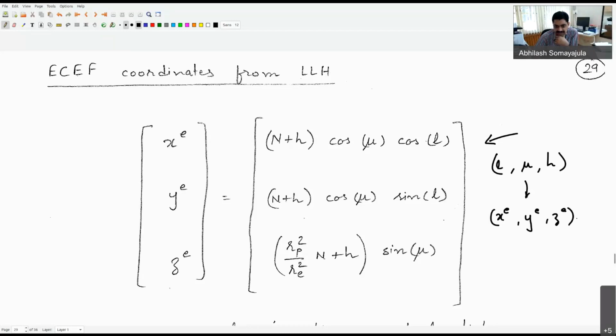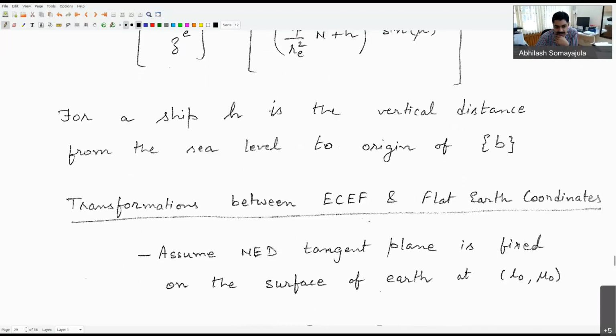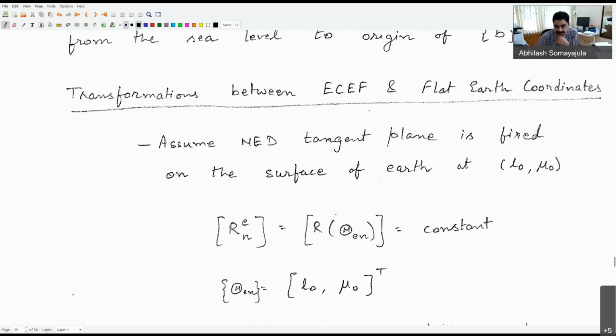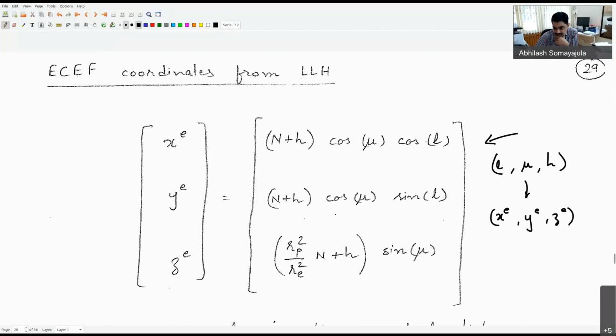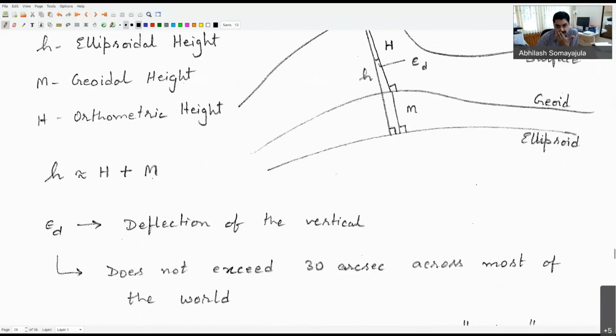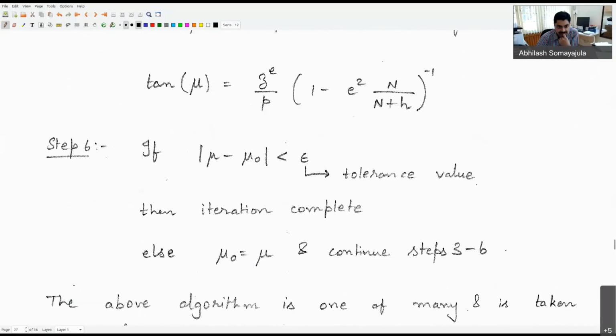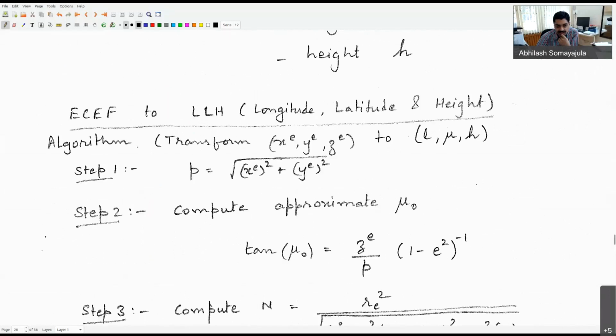We also looked at the other way around, the transformation from the Earth-fixed frame to the LLH. That is what we looked at in the previous lectures. So that is given by this algorithm here.